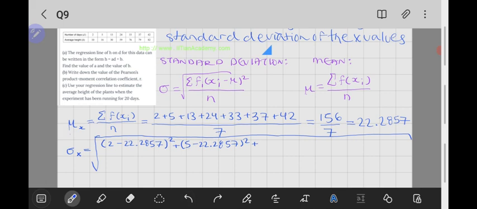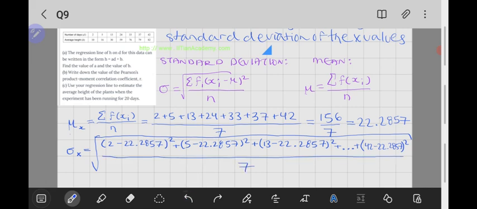We do the same with 5 minus 22.2857, continue with 13 and square it, and continue all the way to 33, 37, and 42 minus 22.2857 squared, and divide it all by our sample size.